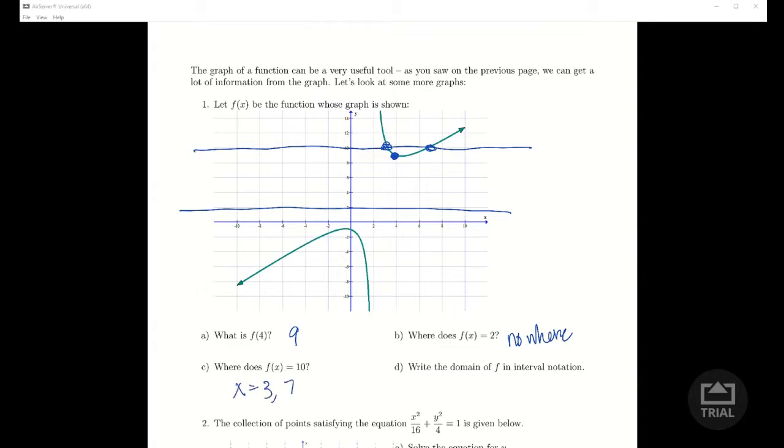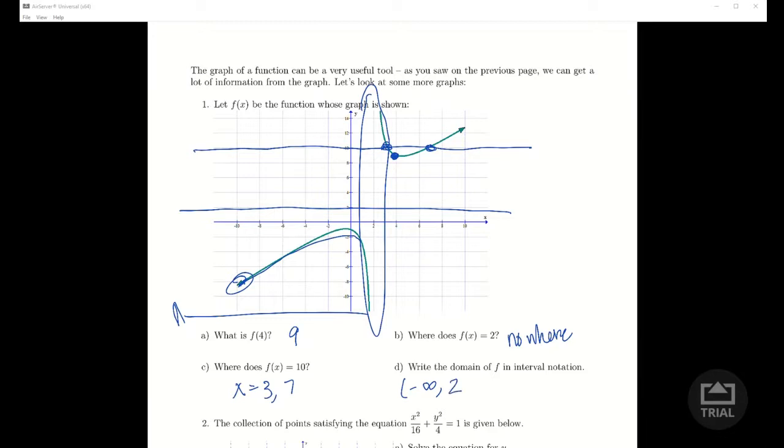Yeah. Okay, and then the domain in interval notation. So we're going to start way off on the left, move right until we are not touching the function anymore. This arrow pointing to the left forever means that our domain is going to start at -infinity. We're going to travel along our function until it stops. So we've got this gap right here when x is 2.